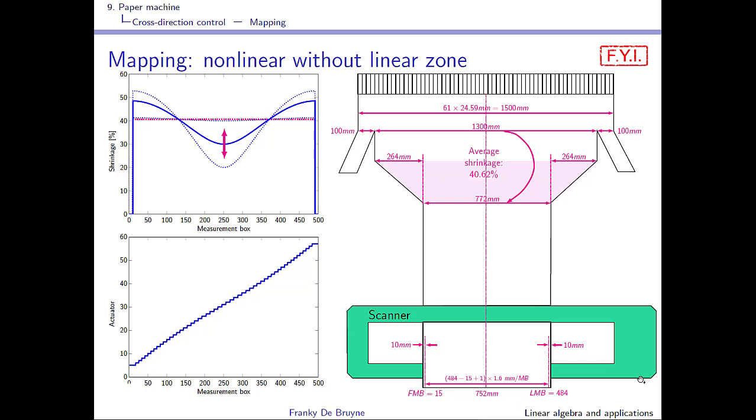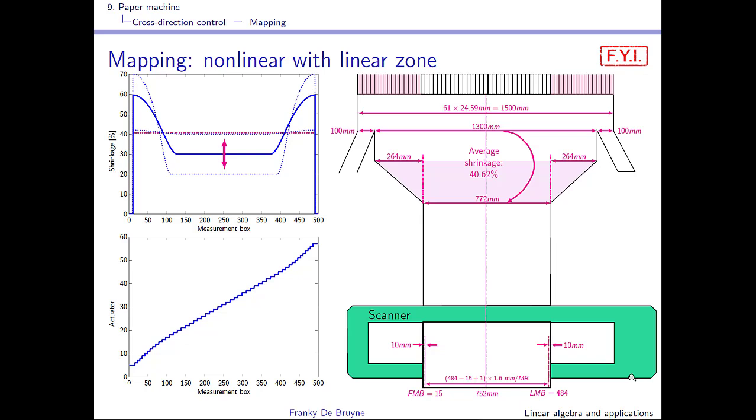So you have to devise an algorithm that allows you to have shrinkage that is varying. So this one works here by setting the average shrinkage and then by playing with the shrinkage in the middle. So if you decrease the shrinkage in the middle, as you have set the average shrinkage, the shrinkage will go up at the sides, and this leads to a non-linear mapping, but you still have a way to assign a measurement box to an actuator.